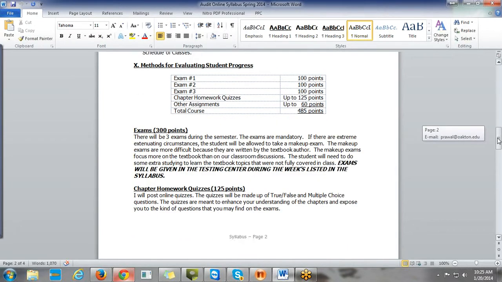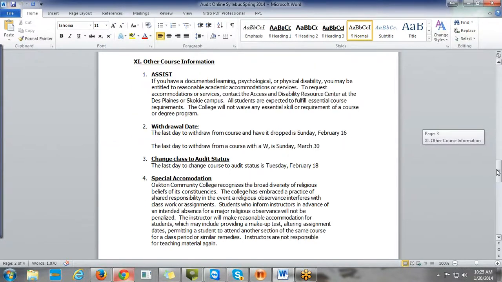The exams are open from today itself. So the first day of the class, the exams open up in the testing center, and they are open until the last day, which is in the syllabus, and I'll go over that. But first let me focus on the exams itself.